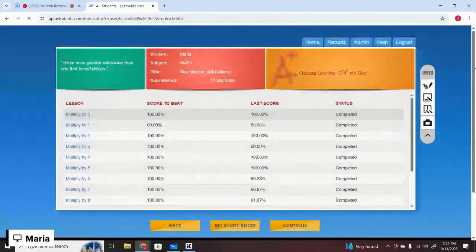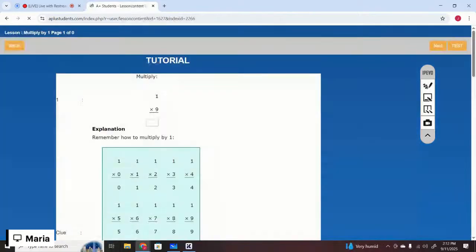The next lesson is multiply by 1. How do we multiply by 1? Whatever number it is, if you are multiplying any number with 1, the answer is always the same number.